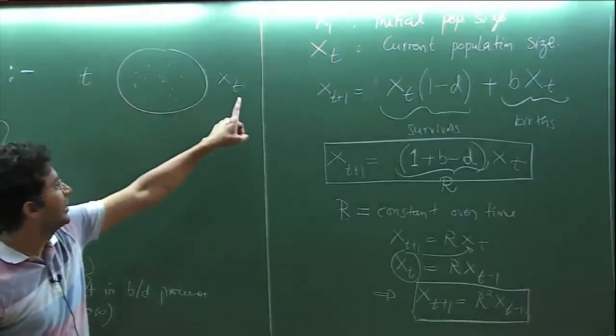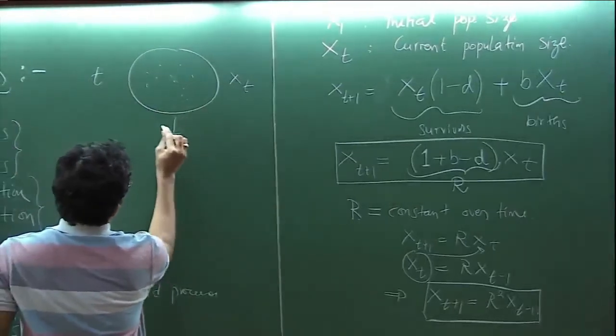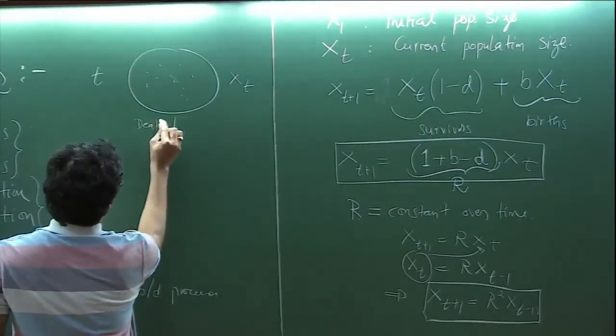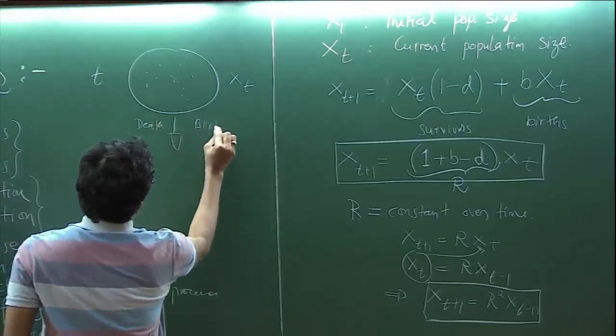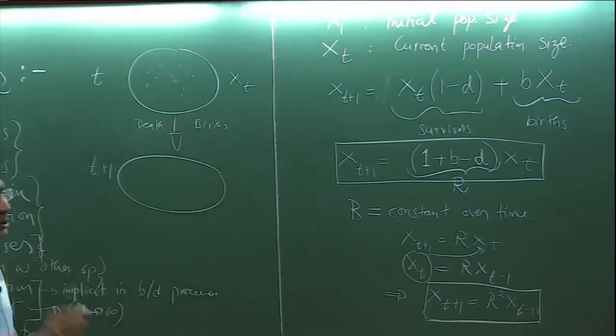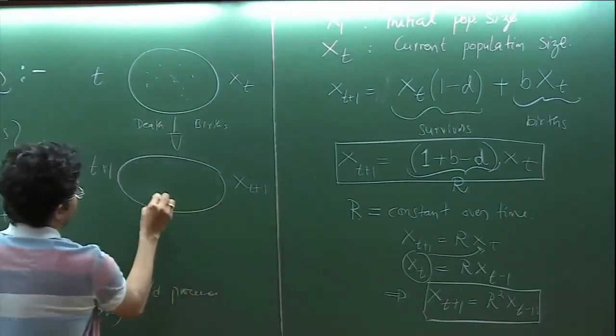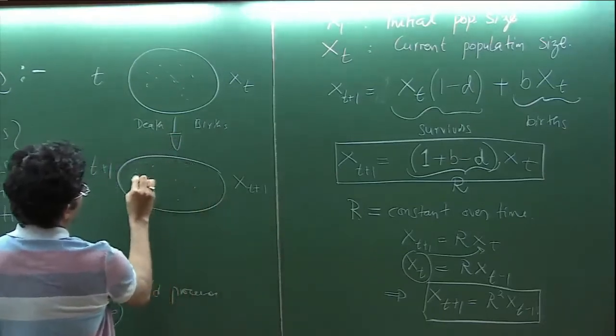If I add all these dots here, the total will be xt, and then xt plus 1. There are deaths that happen, there are births that happen, and then I wait for everyone to mature to adulthood, and then I count again how many are there. That would be xt plus 1.